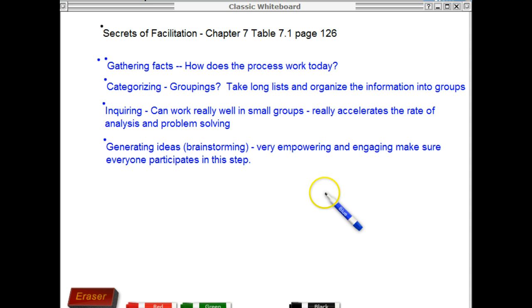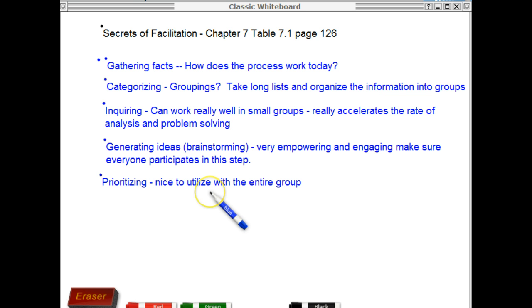Next, prioritizing. The question offered here is, which of these solutions is best? Again, we've done some work. We've perhaps worked our way through generating ideas about solutions to our problem, the function directly above this one, and we now want to begin prioritizing.